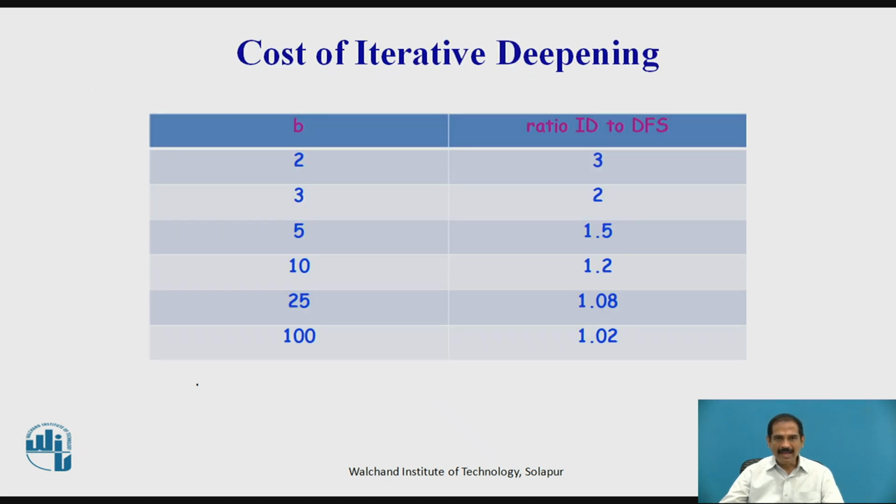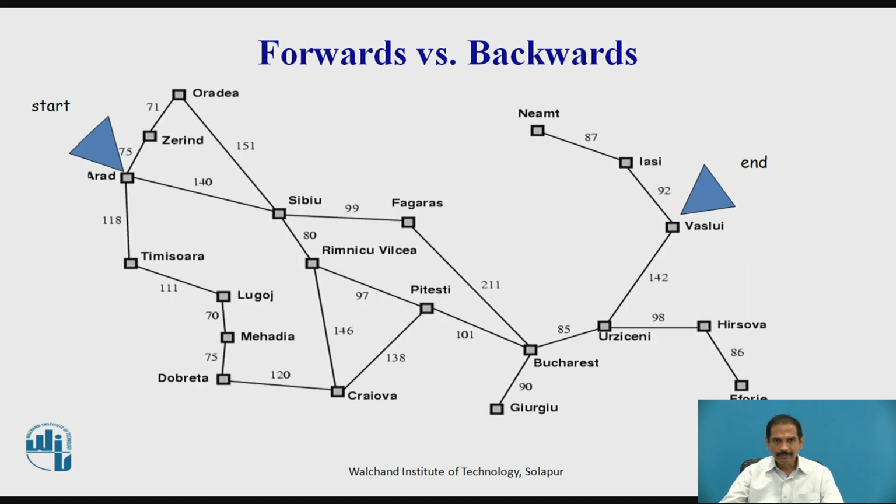I compare this branching factor for 2, 3, 5, 10, 25 and 100, and I find the ratio of the iterative deepening depth first search algorithm to the depth first search algorithm, and I get the ratios to be 3, 2, 1.5, 1.2, 1.08 and 1.02.